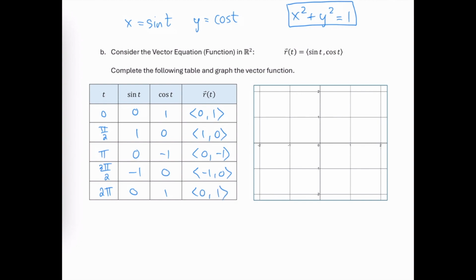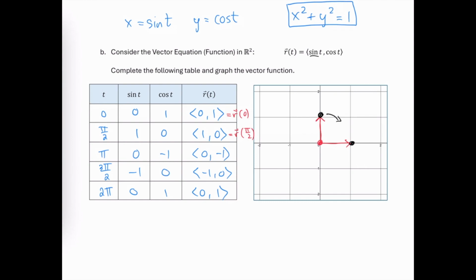So when we plot these vectors, the r evaluated at 0 vector is <0, 1>. So we're starting up in this position this time. And when we evaluate that vector function at pi over 2, we get the vector <1, 0>. Now we can already see that we're going to be tracing out this circle in this direction.